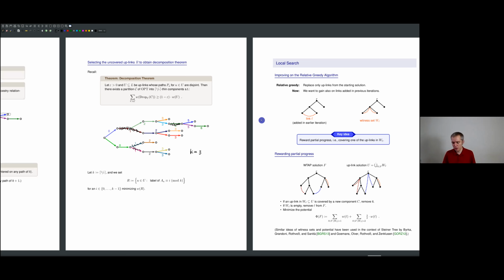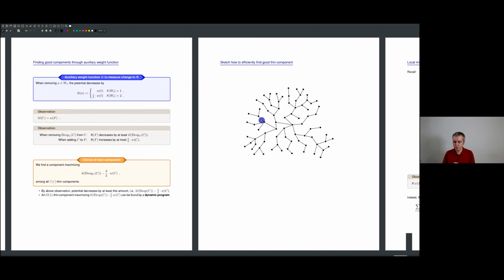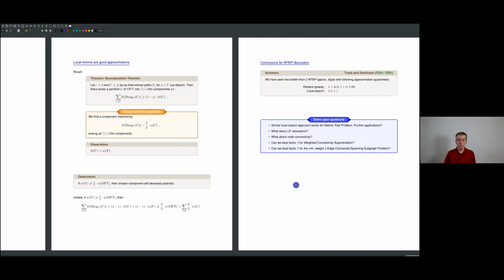Let me finish here. I skipped the local search part, and just want to finish with some potential open questions that may be of interest. It's interesting, as I said, that there's an idea to go from relative greedy to local search, and it works also for Steiner tree, but it seems to be quite a general idea. Maybe there are further applications we don't know about.